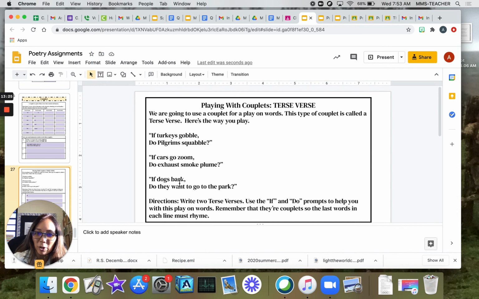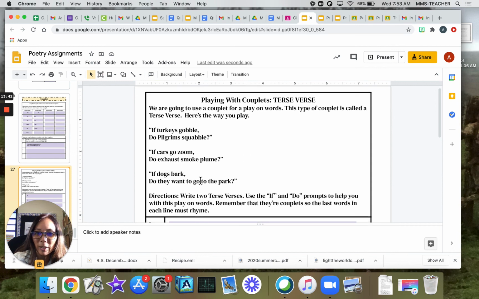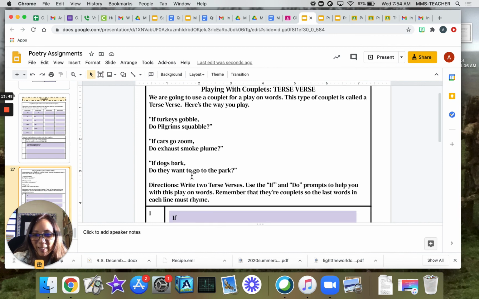If turkeys gobble, do pilgrims squabble? This is a couplet because it's 2 lines and the 2 end rhymes are gobble and squabble. Here's another one: if cars go zoom, do exhaust smoke plume? And yet another example: if dogs bark, do they want to go to the park?